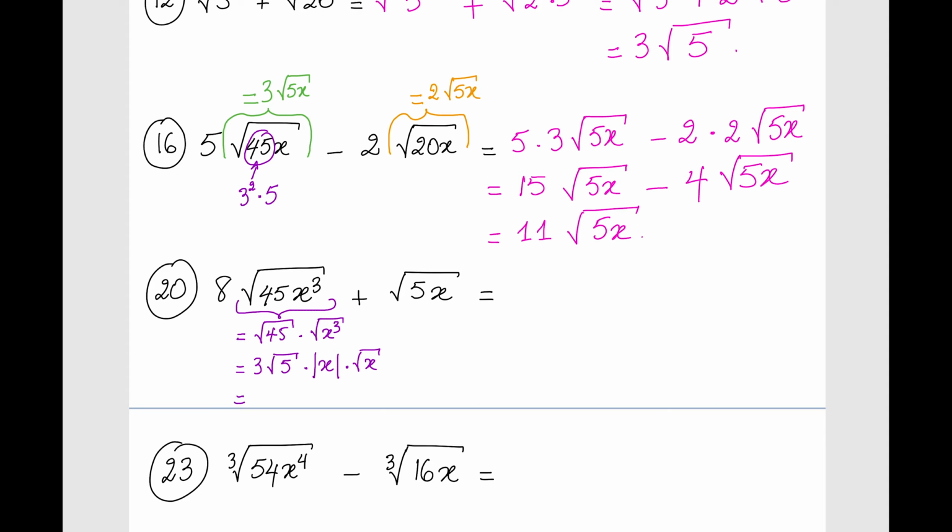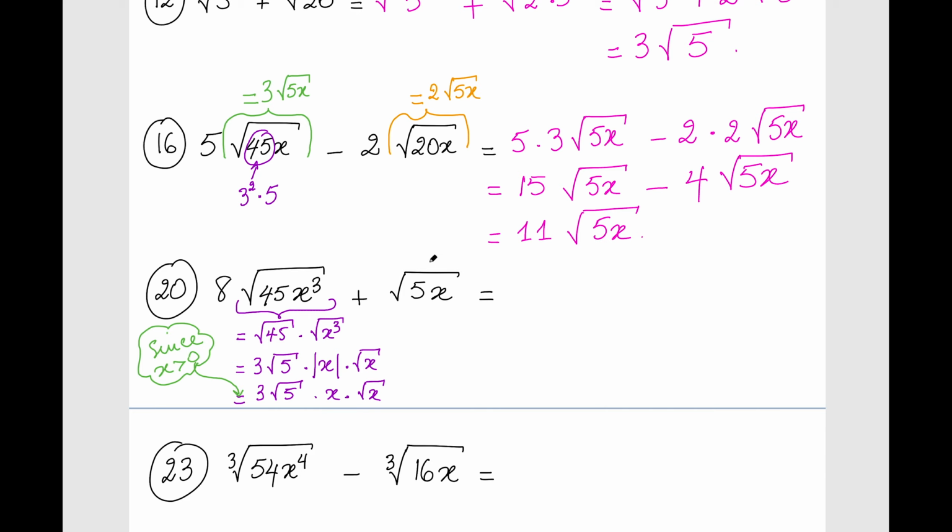So here I'm going to rewrite this as 3 square root of 5 times x times square root of x. And here I want to be very clear that this last equality holds since x is given to be a positive number. Correct? All right.